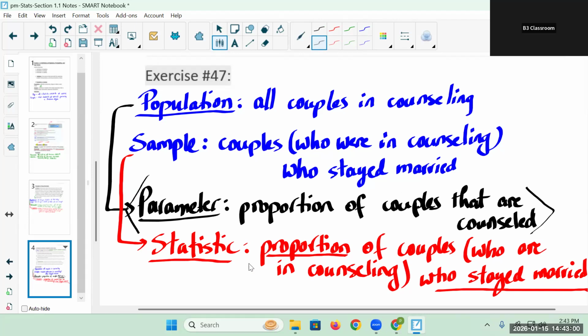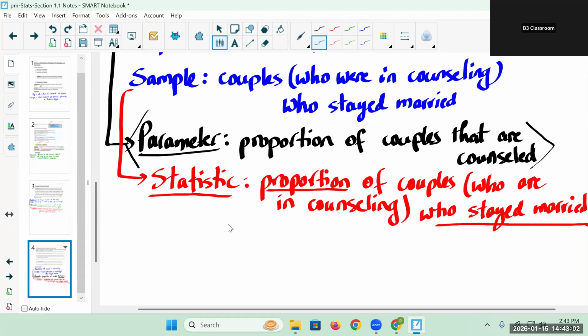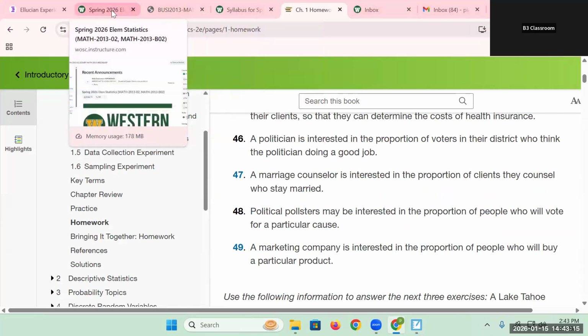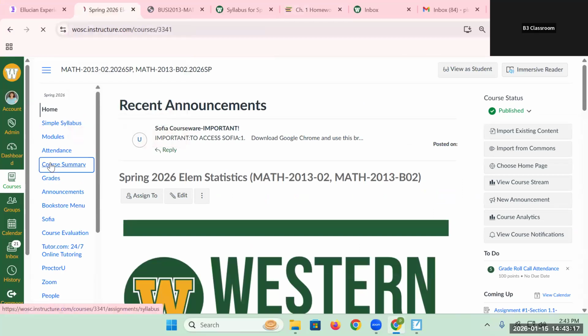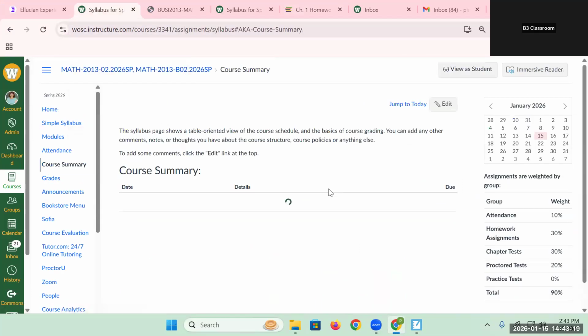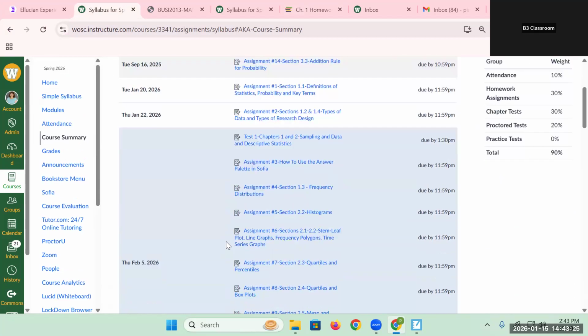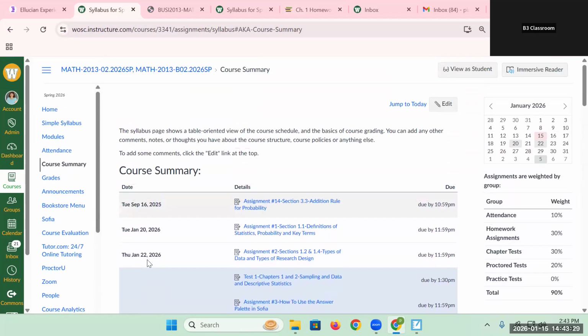Okay, so this is the end of section 1.1. So remember how I kept saying in the course summary right now, most of the dates are set for February 5th, but they will change as we go.